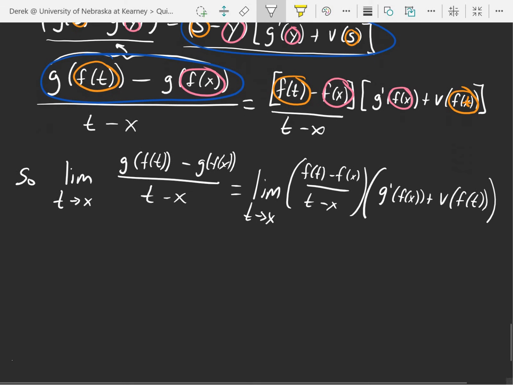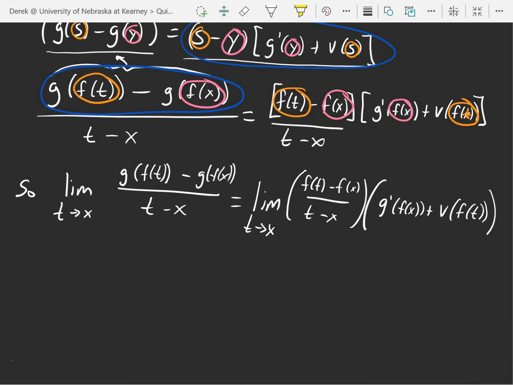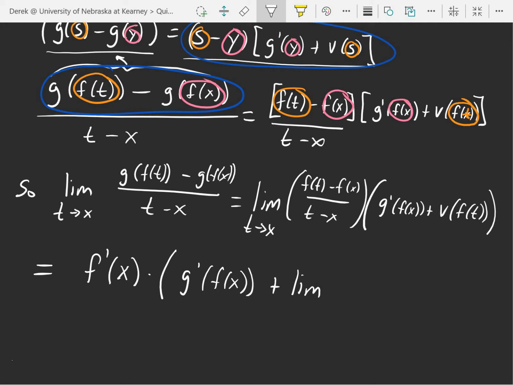Okay. Which is equal to, well, that's f prime at x times g prime at f of x plus this limit as t goes to x of v of f of t.